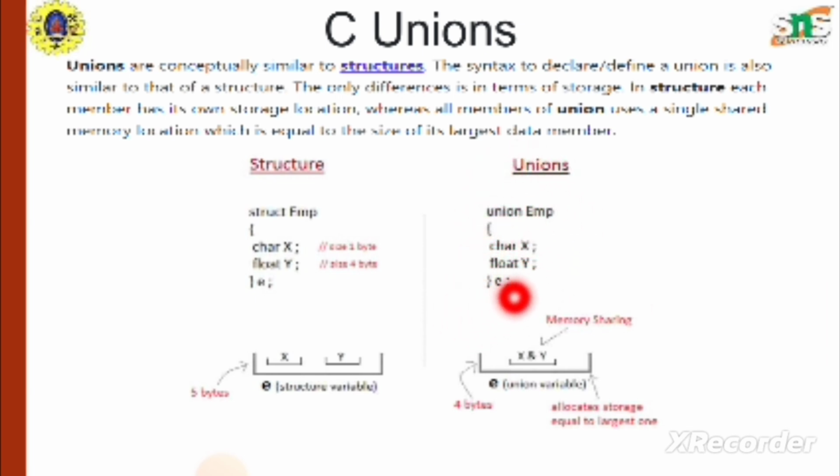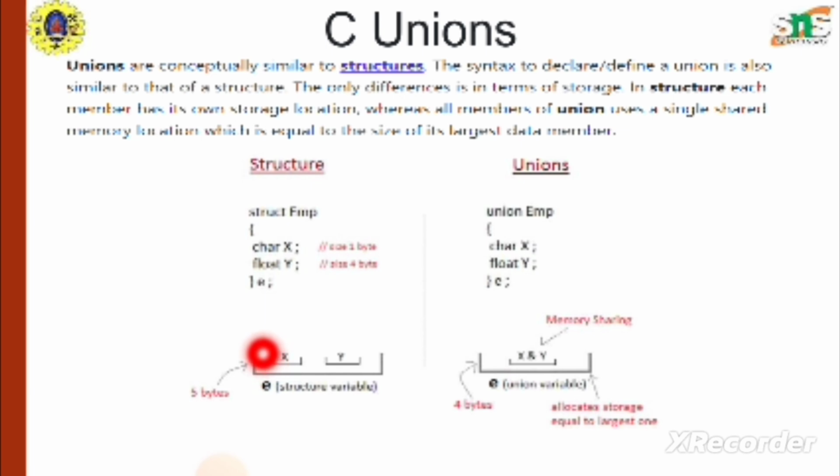So which is bigger, character or float? When compared with character, float has the highest memory allocation, that is 4 bytes. Only these 4 bytes will be allocated to the union, and those 4 bytes will be shared among the x and y variables. This is one of the big differences between structure and union.